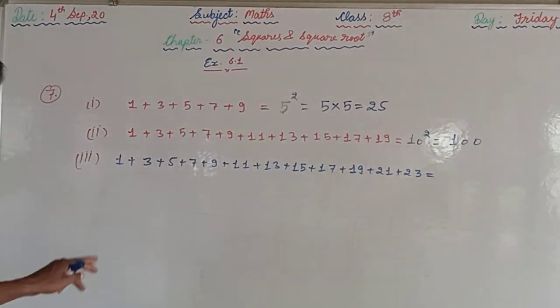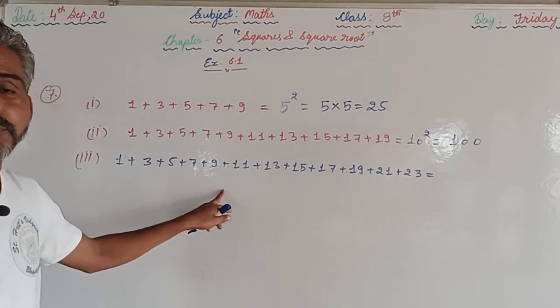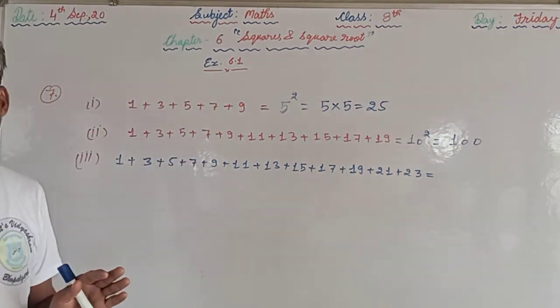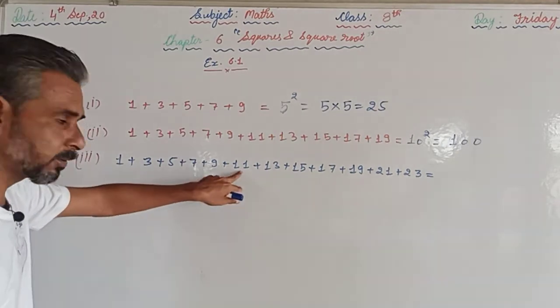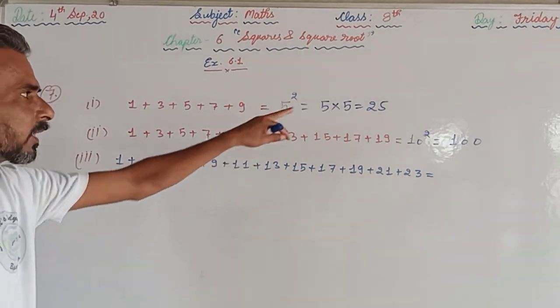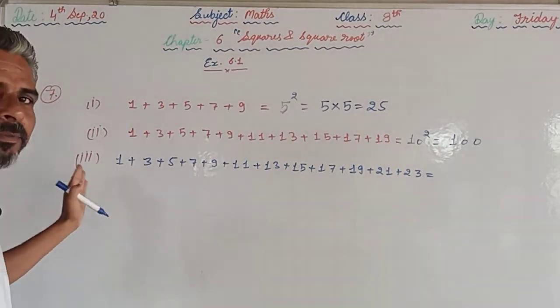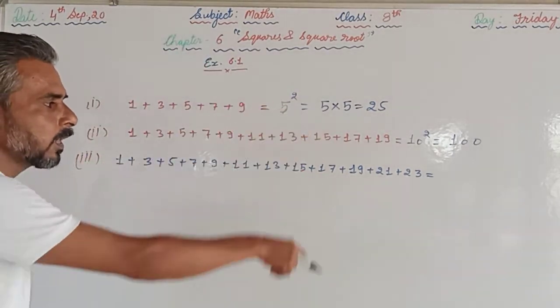You are supposed to keep in mind, not a single odd number should be missed between them. All the consecutive odd numbers should be there. It should not be that 11 also got missed here, then we cannot apply that formula. All the numbers should be there starting from the first number until the last number.